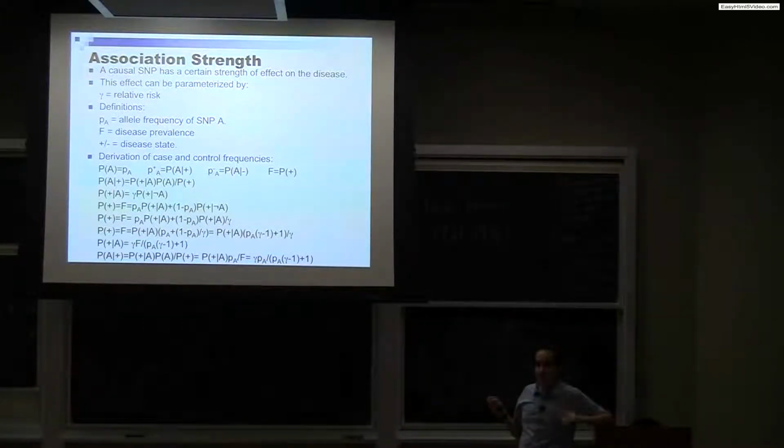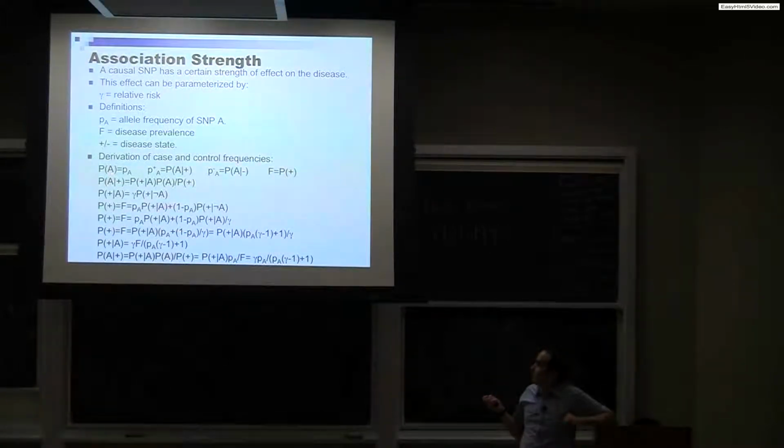Okay, if you think about it, if I take a random control individual, a guy that doesn't have the disease, what's the chance of him having that SNP? Well, that's exactly what P minus A is, okay? And then this is going to be the frequency in the population, and then this is going to be the frequency of just the individuals that have the disease, okay?